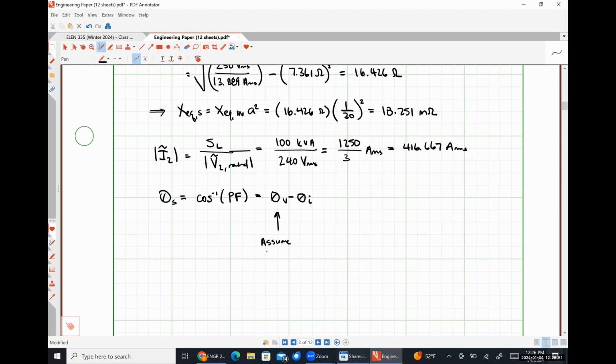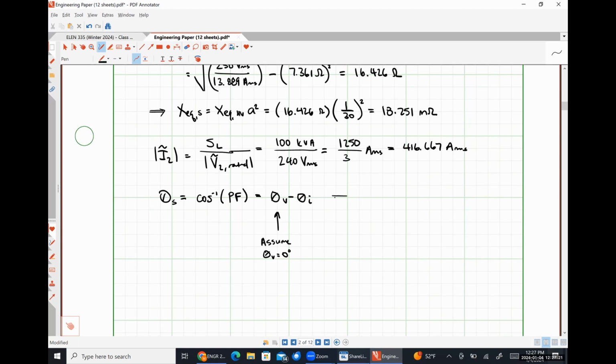We are going to assume that theta V is equal to 0 volts. So we're just saying our point of reference is 0 volts on the voltage, and then whatever the current is going to be something with respect to that reference, right? So it really doesn't matter that we assume theta V is equal to 0 volts, because we know that theta I is just going to be however many degrees different from whatever we assume it to be, okay?